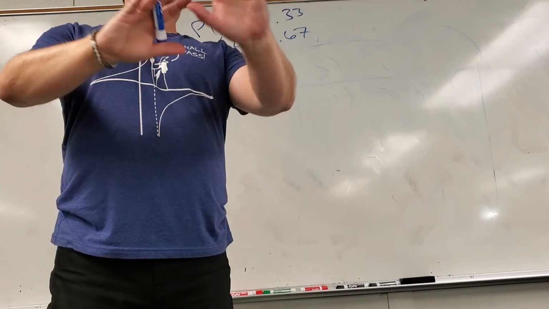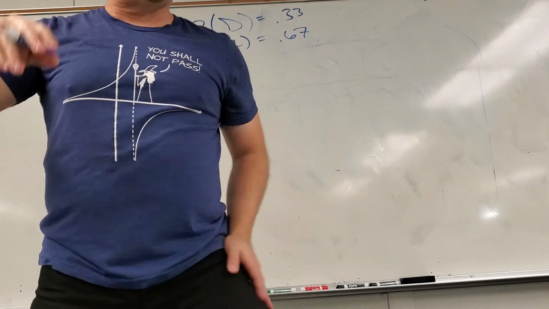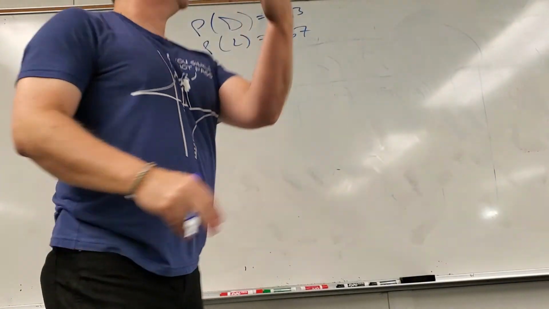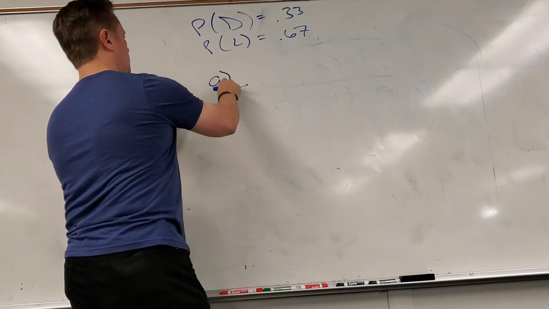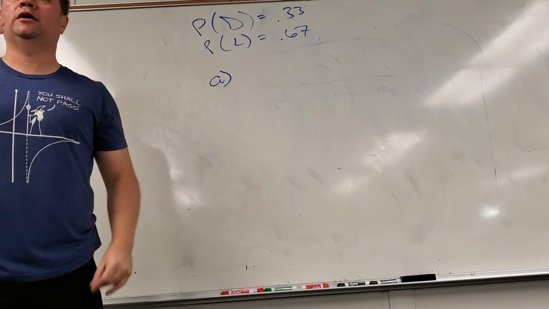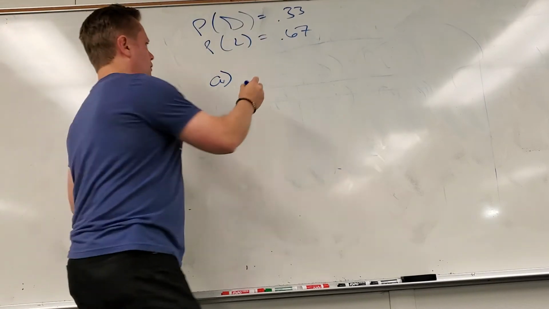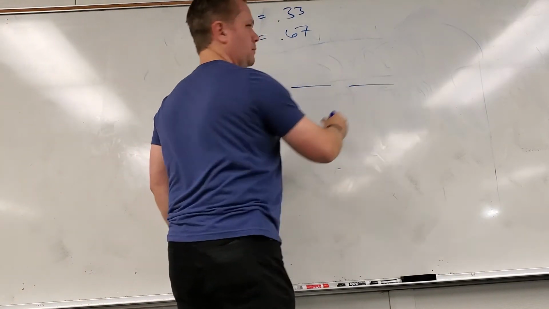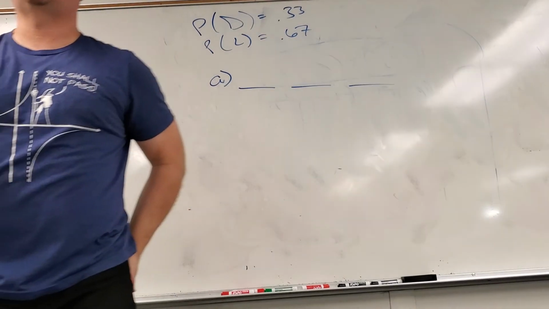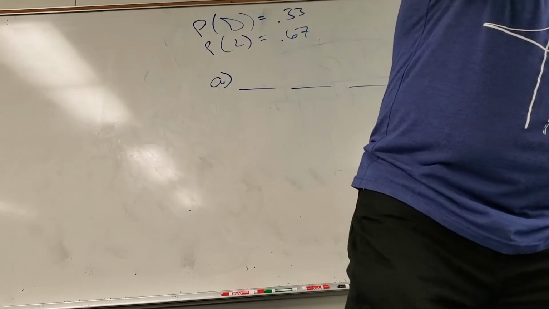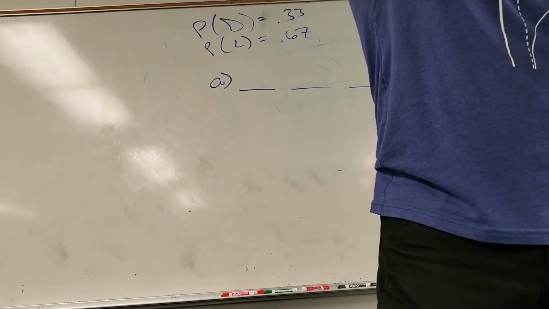All right, that's just the groundwork, right? So the first question is, if I pick 3 Americans? So for part A, you don't have to do it this way, but I like to do it this way. How many little blank spaces would I give myself? 3. And what's going to be the operation in between them? Multiply, because I want the first 2 to dislike it, and the last one to like it.